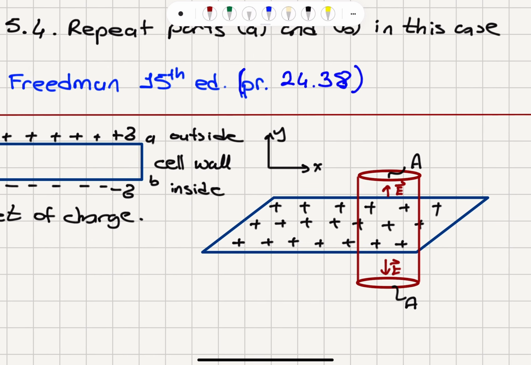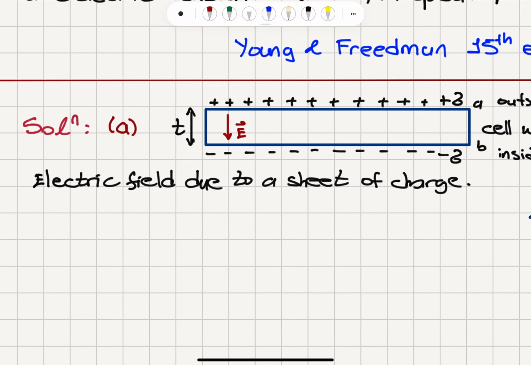Now, for an infinite sheet of charge, we can find the electric field due to this sheet of charge using Gauss's law. Here is a Gaussian cylinder. Because the electric field is going to be parallel to the area vector for the top and bottom surfaces and perpendicular to the area vector for the side surface, we can write Gauss's law as the closed surface integral of E dot dA.